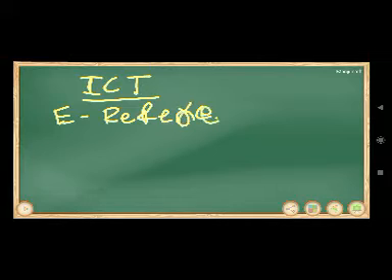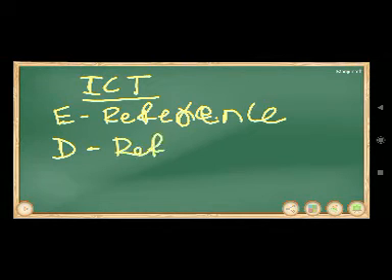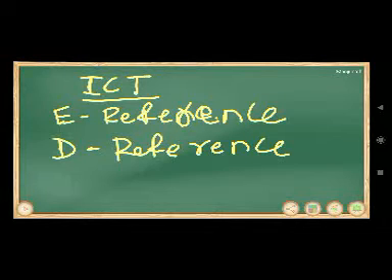So the first one is electronic reference service. The second one is digital reference service, or D-reference service. Using computers digitally, searching for documents and helping users by providing digital information, that is what digital reference service involves.